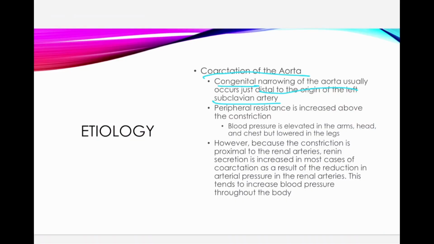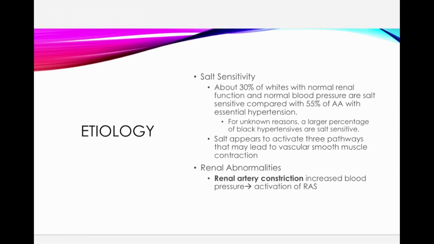Because we have the aortic pressure, but now you have the occlusion, which is another area of blockage to raise your pressure that the heart has to squeeze against. So coarctation of the aorta is another curative reason for high blood pressure.